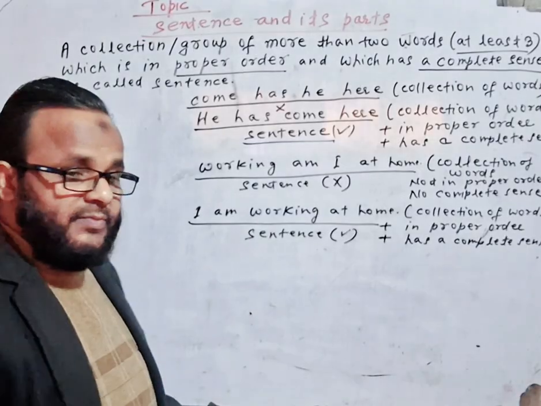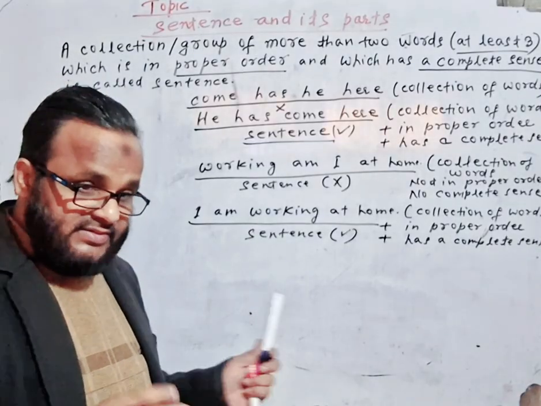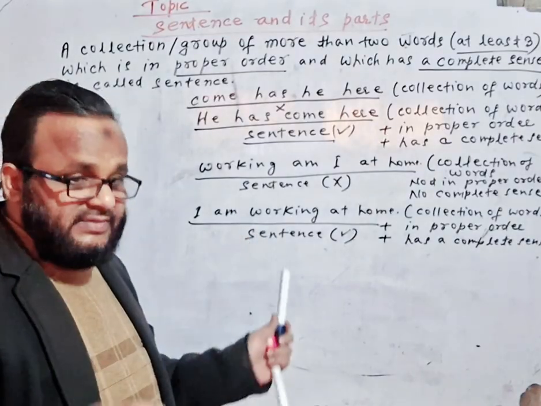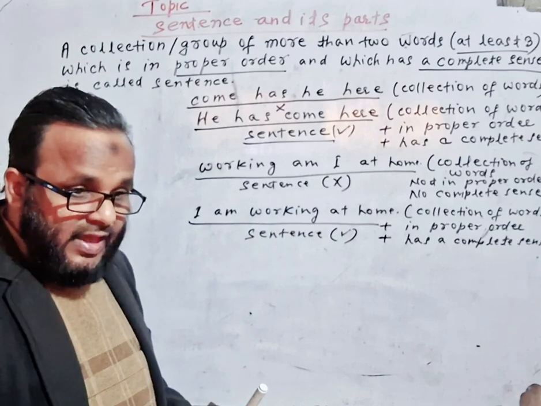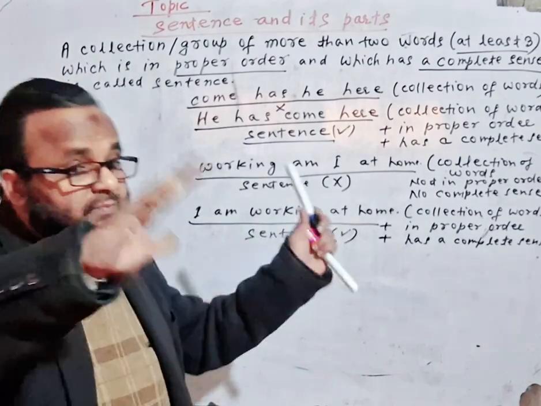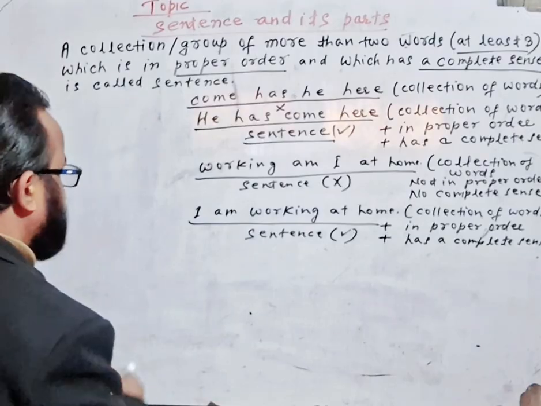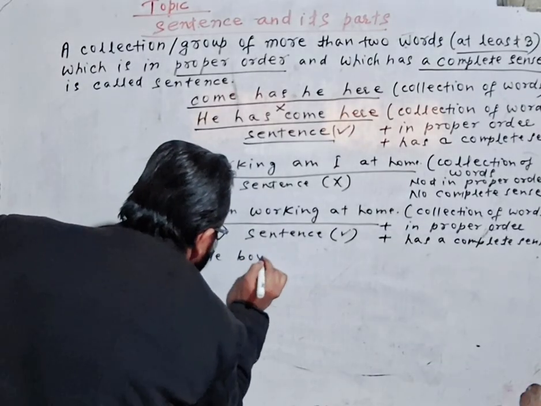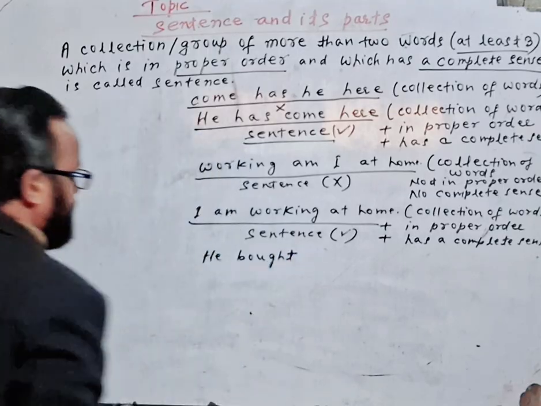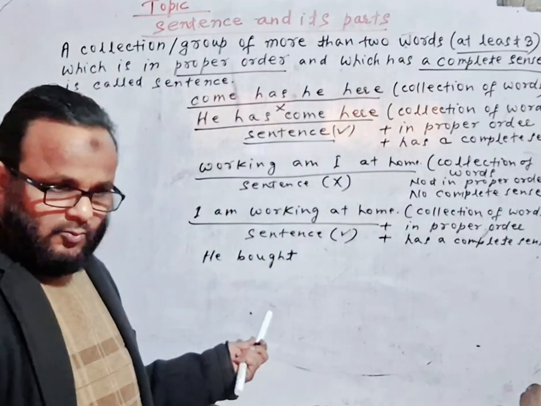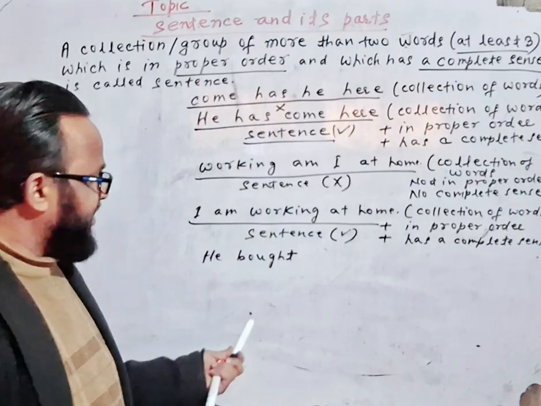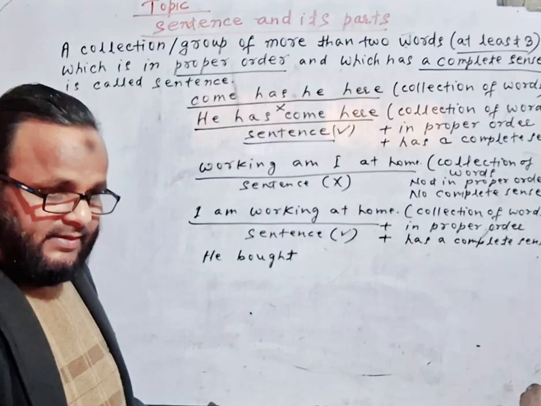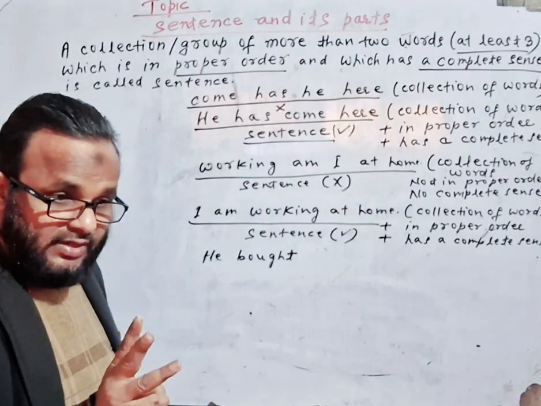Then that collection will be called a sentence. तभी वो सेंटेंस कहलाएगा. राइट? किसी भी कलेक्शन ऑफ वर्ड्स को सेंटेंस तभी कह सकते हैं जब वो प्रॉपर ऑर्डर में हो और उसका कंप्लीट सेंस हो. ओके, लेट मी राइट हियर सम. इफ आई राइट हियर ही बाउट, is this a sentence? No, because it has 2 words. सिर्फ 2 ही वर्ड्स हैं, सेंटेंस होने के लिए कम से कम 3 वर्ड का होना जरूरी है.